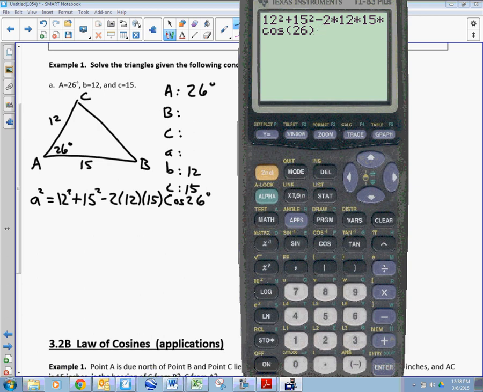They keep on pressing enter. Well, at the very end, they end up multiplying the whole thing by the cosine of 26. Is the 12 squared being multiplied by the cosine of 26? No, just that latter part is. So you got to be careful about order of operations here. I think you just type it all in, okay? And I press enter, and I get 45.43. Is that my side? No, that's a squared. So I got to square root the answer, and sure enough, we get 6.74.